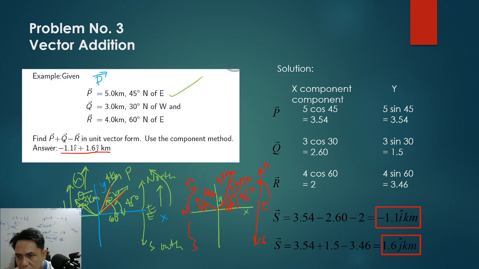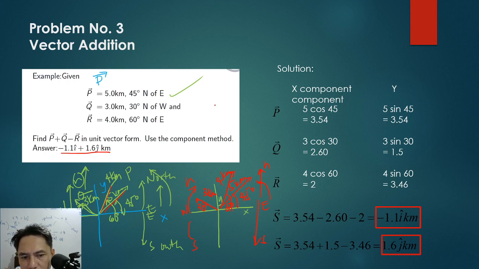we're going to follow this. P plus Q and then minus R. So minus R, and that is the formula now in unit vector form. So we are going to follow that so that we can use the component method.